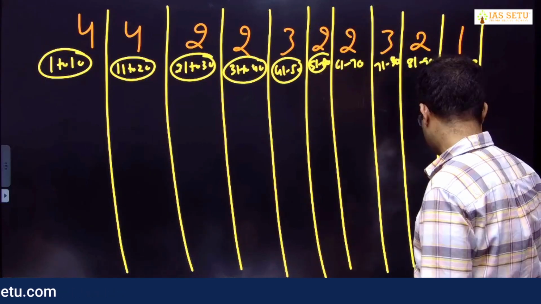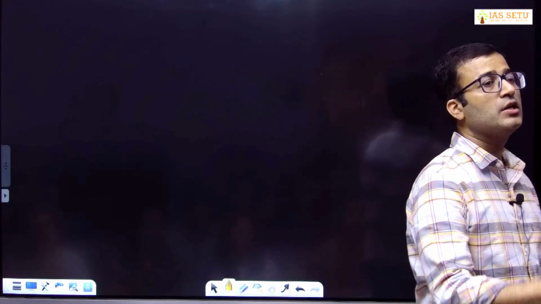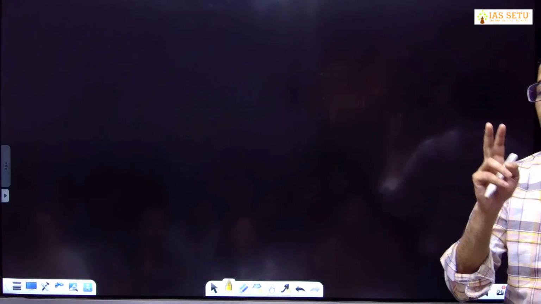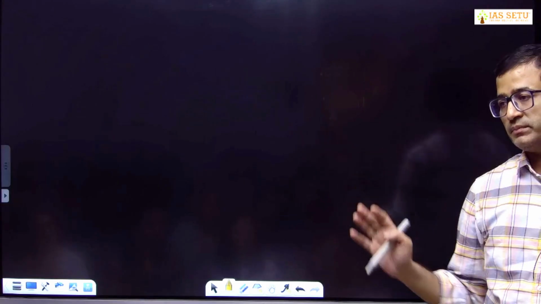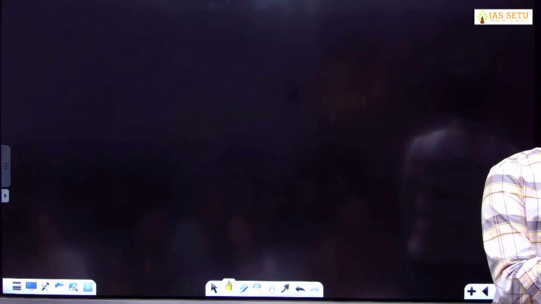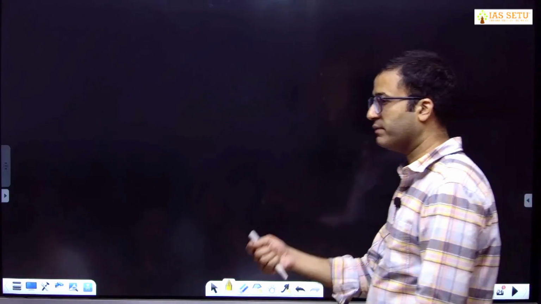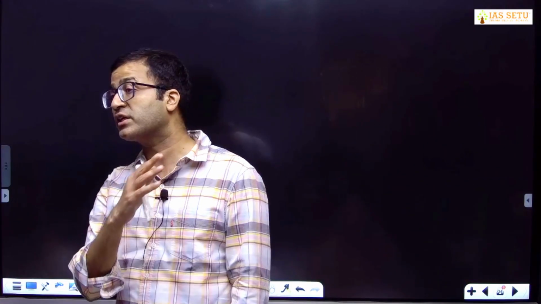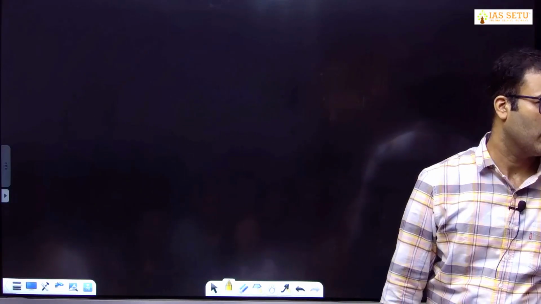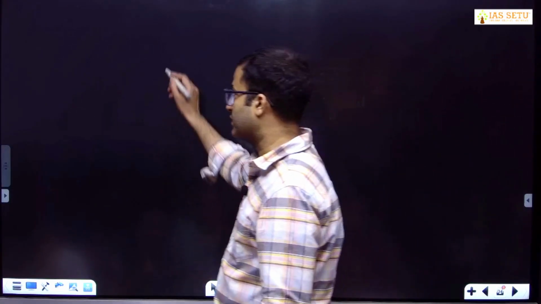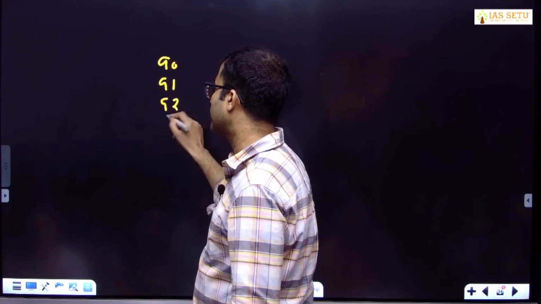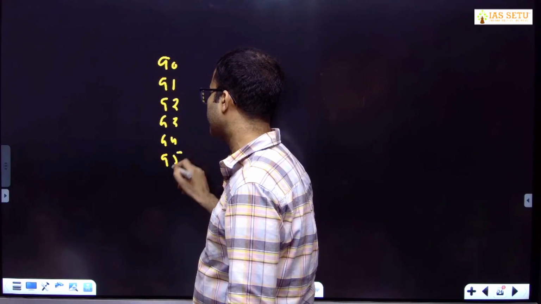अच्छा, before I give you this table, I ask you a question. Tell me 7 consecutive 2-digit number which are composite number. 7 consecutive मतलब लगातार. 7 consecutive 2-digit number which are composite number, means there is no prime number in between. 90 to 96, 90, 91, 92, 93, 94, 95, 96.